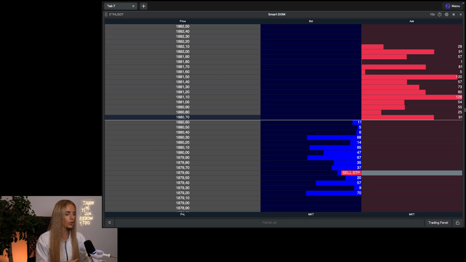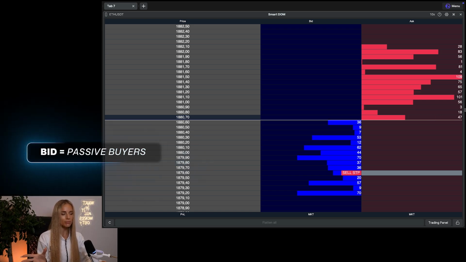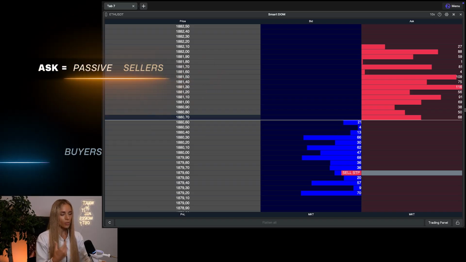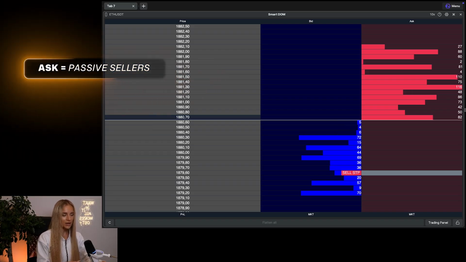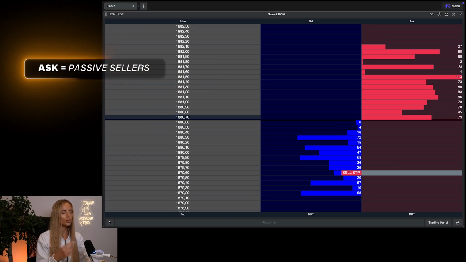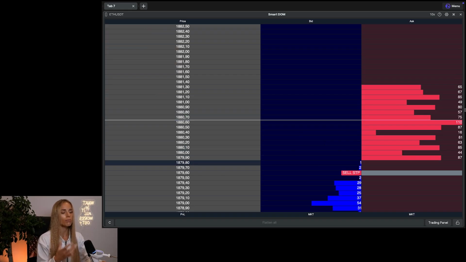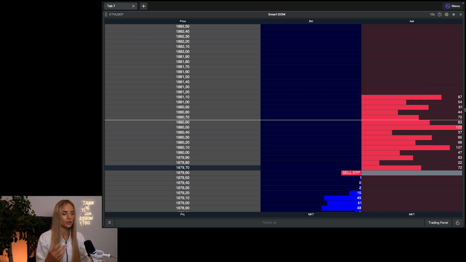It's a tool available on most charting platforms that shows you all the active limit orders in the market in real time. The left side is the bid, passive buyers waiting for the price to come down to them, while the right side is the ask, passive sellers waiting for the price to come up to them. One critical thing to understand is that depth of market only shows you passive orders, which are the limit orders.